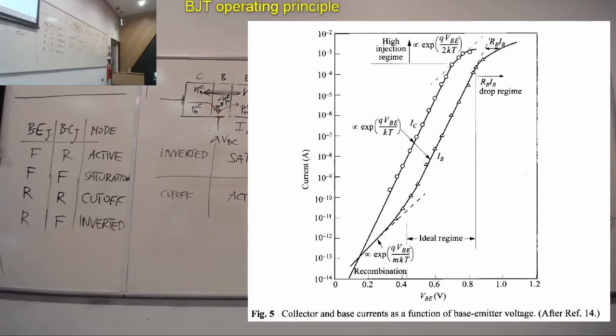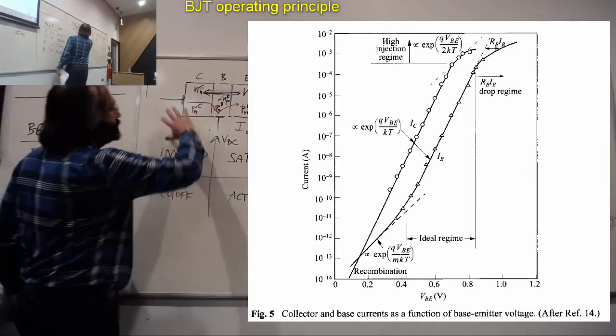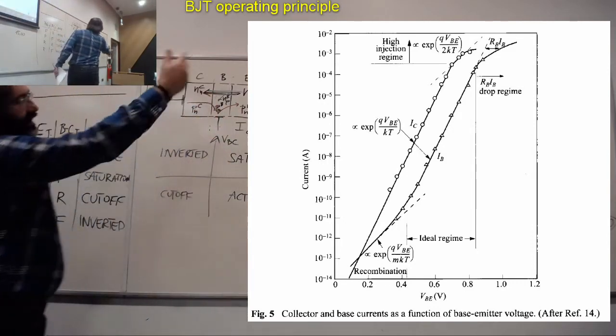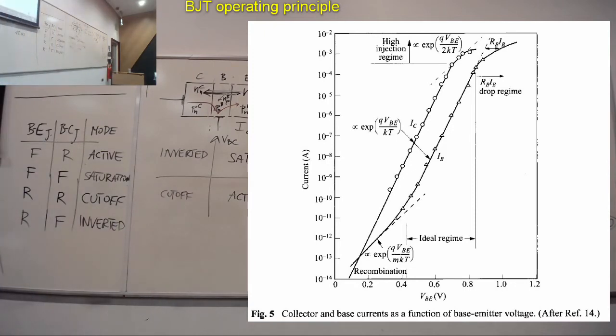But the other thing we didn't discuss, because we had it in our mind, is how that relates to the input characteristic, which in this case is the base. We've been saying that what is controlling the transistor is IB and VBE and so on. So here is the plot of VBE versus current. This is the plot for IB, and this is the plot correspondingly for IC.